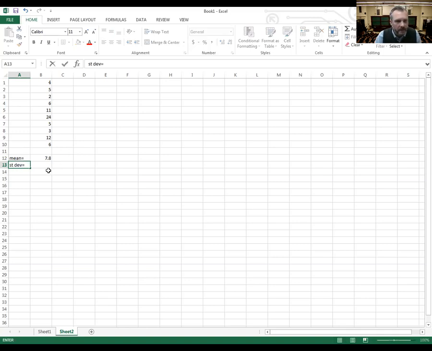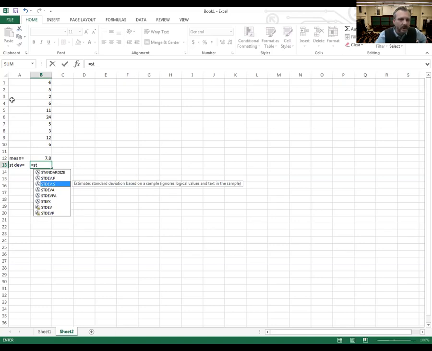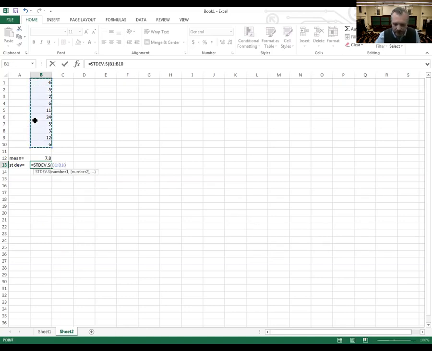And so again, I'm going to say equals, and then in Excel, we're going to write ST, and here it is, STDEV.S. And notice that there's also a P, that's for a population. This is for a sample. So Excel doesn't know if I've given it population or sample data. So I'm going to choose this command for sample. I'm going to drag through those, and I'm going to get a standard deviation of 6.529.